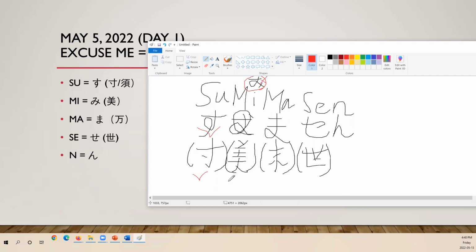So it is written as this. So you actually don't go up, and it's this. And then ma is right. And sen, it's not quite right. So it is this. And then you come here. And then you come here. Sen is right. All right.